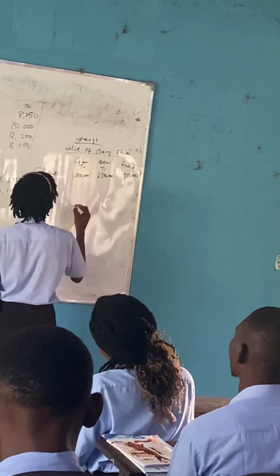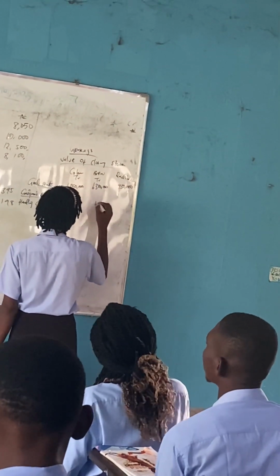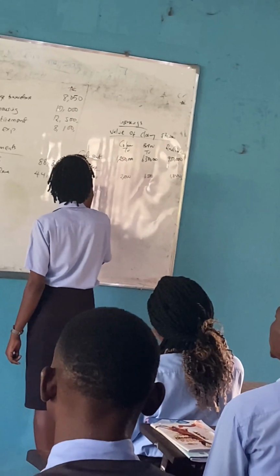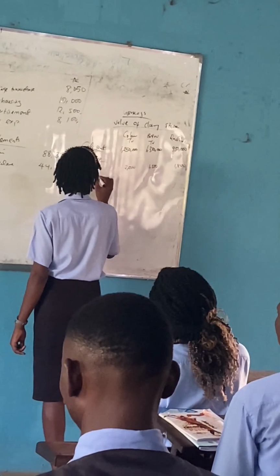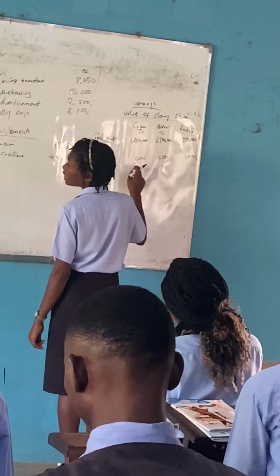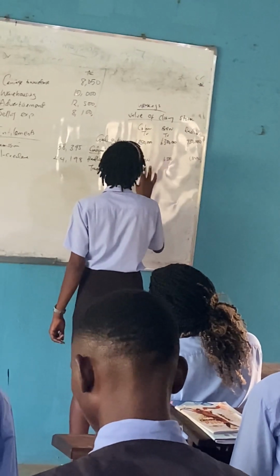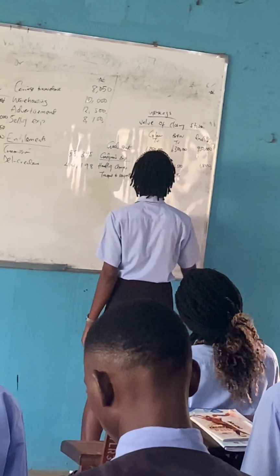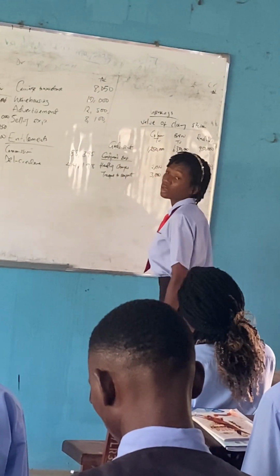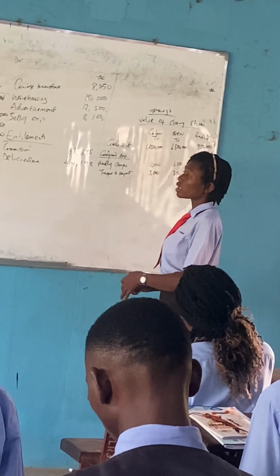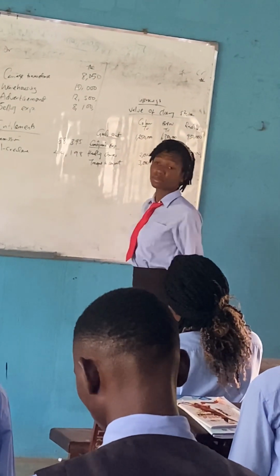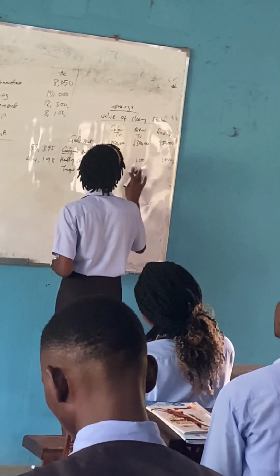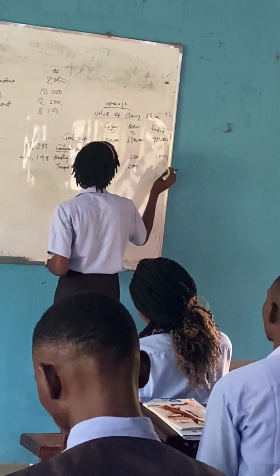Handling charges 2,000, and then 1,500, 180. How much? 8,000. 3,500. 2,800. And you say 3,500. Transport to seaport: 3,500, and then 2,800 and 2,200.